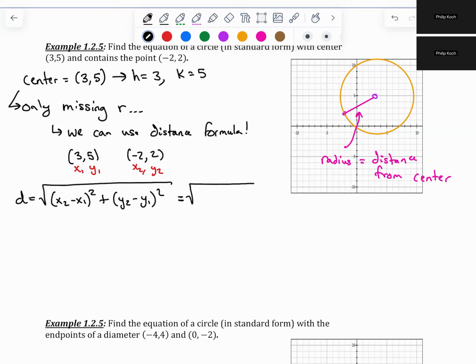We get the square root of negative 2 minus 3 quantity squared plus 2 minus 5 quantity squared, which equals the square root of negative 5 squared, which is positive 25, plus negative 3 squared, which is 9. So 25 plus 9, that's 34, right?